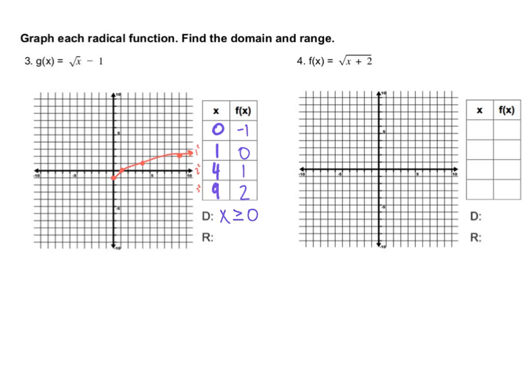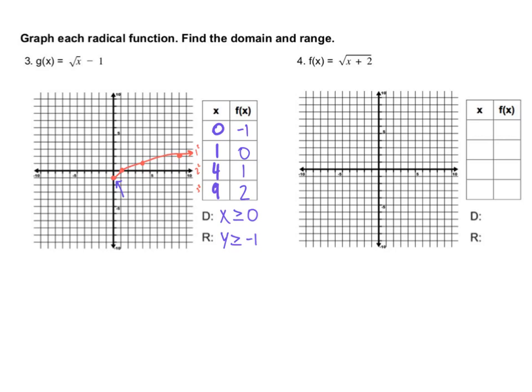For the range, we're looking at our y values. So we see our lowest y value is down there at negative 1. So our y values are greater than or equal to negative 1. There's nothing below that, but it'll continue to grow up and to the right forever.